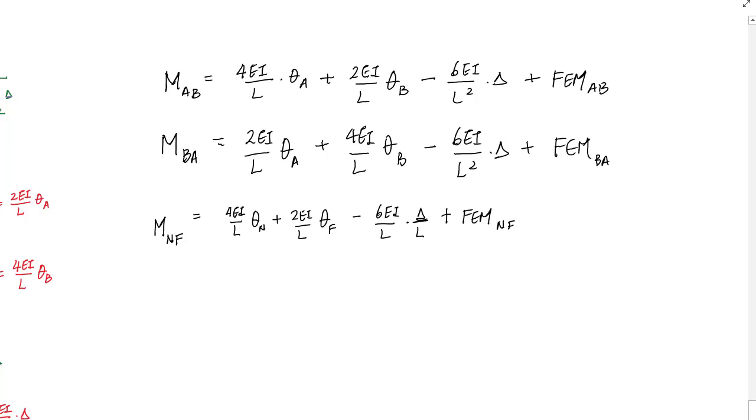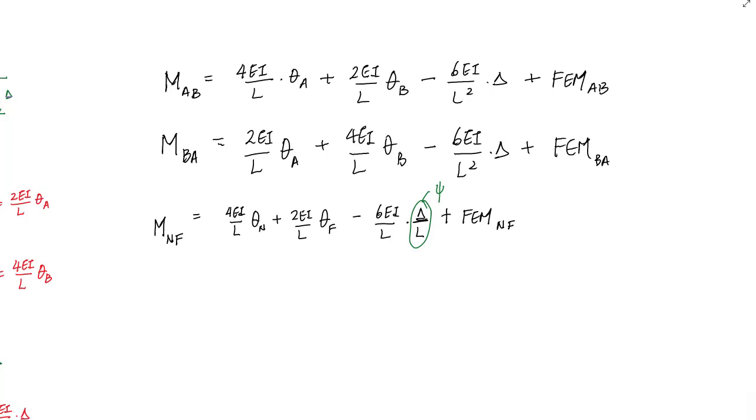Okay. And what's more, I could do some simplification even more. For delta over L, I can substitute psi, and then I can factor out a 2EI over L for the first three terms.